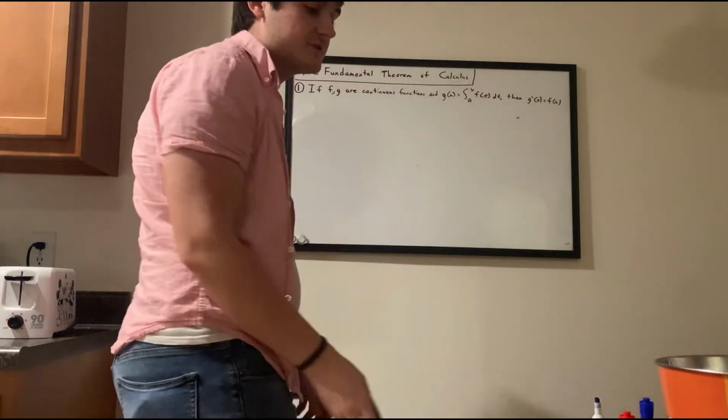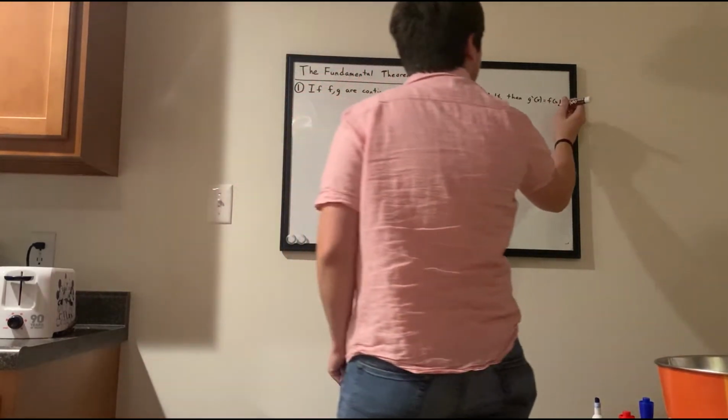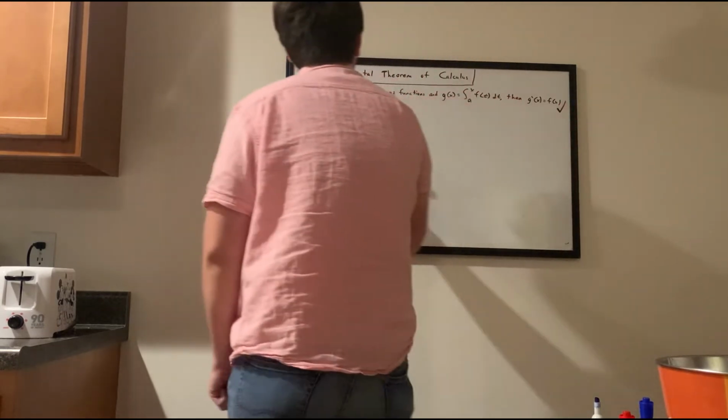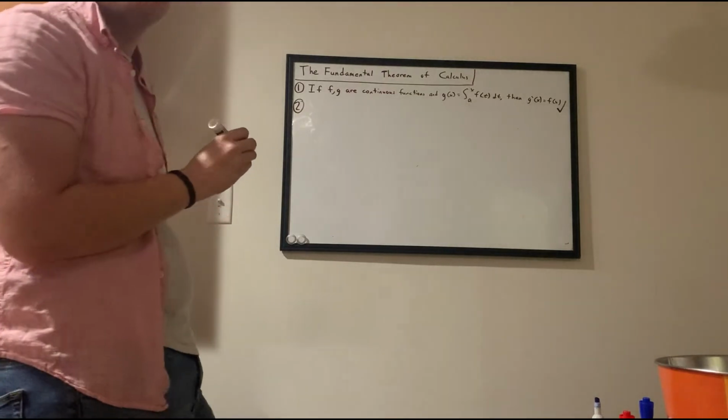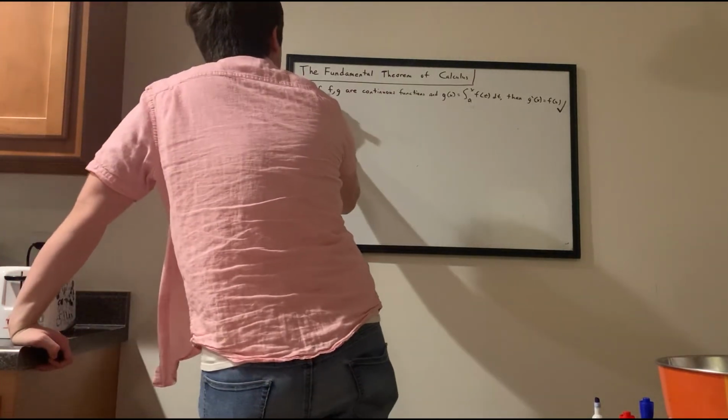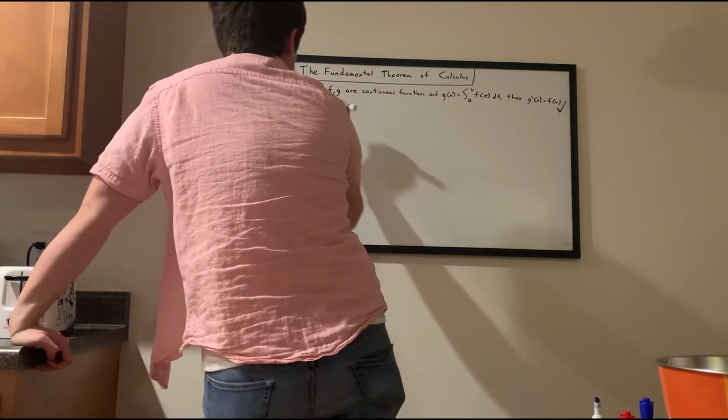Alright, so we've got done with the first part, so check that off our list. We need to move on to the second part, which tells us that, well, actually we don't even need an if.